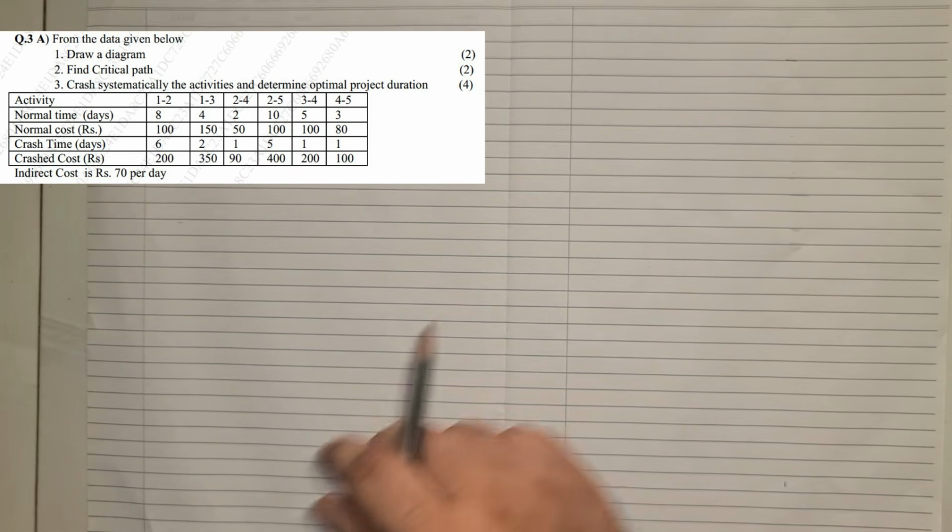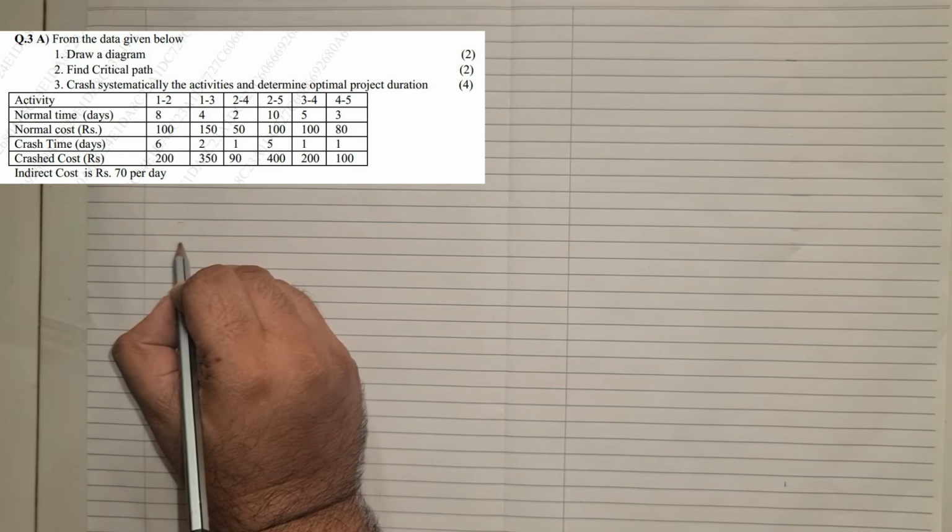They are giving you the activity, the normal time, the normal cost, the crash time and the crashed cost, and something called an indirect cost under that sum. Whenever you get such a sum, the very first thing we have to do is create a network diagram. So based on the activities they are giving, first let us create a network diagram.